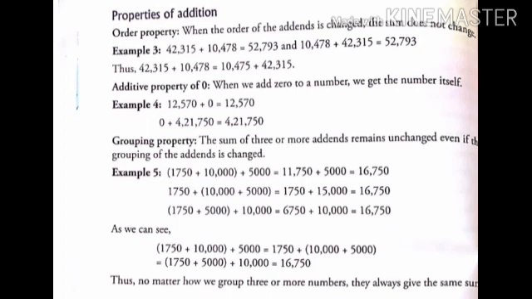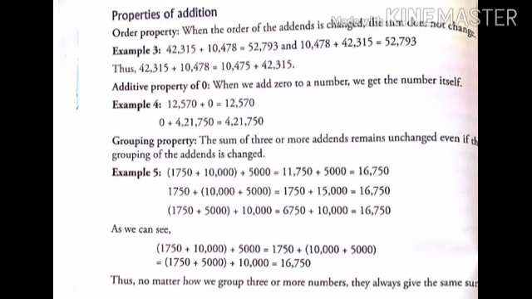Similarly, for large numbers also, if we make a change in the order of the numbers, there will be no change. And second one is additive property of 0. That means when we add 0 to a number, there will be no change. Like 5 plus 0 is equal to 5. The answer will be the same. In the case of large numbers also, if we add 0 to a number, there will be no change in the answer.